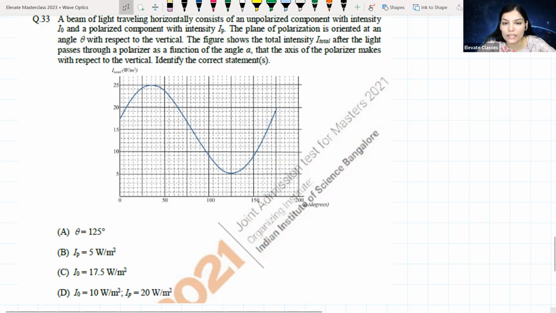मैं एक second थोड़ा minimize करना. I want to see if anybody has solved it. No, not yet.